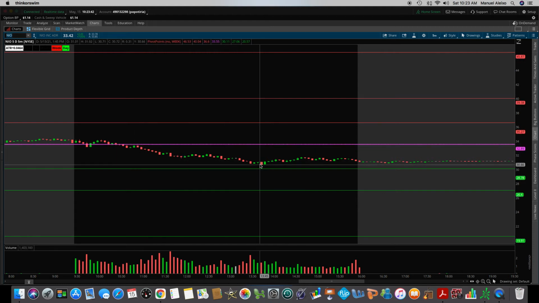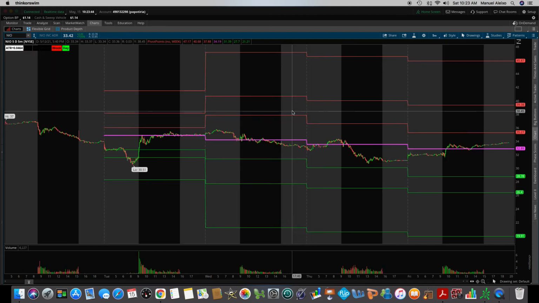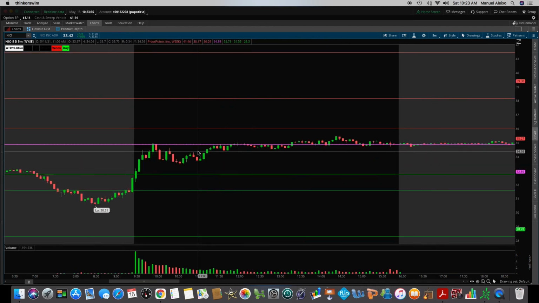Okay, so I've been looking at this lately, and I'm noticing, as you can see here, I hope you guys can see this, here's another example. NEO opened on the support of the second pivot line. So it's almost overextended or oversold to the downside.